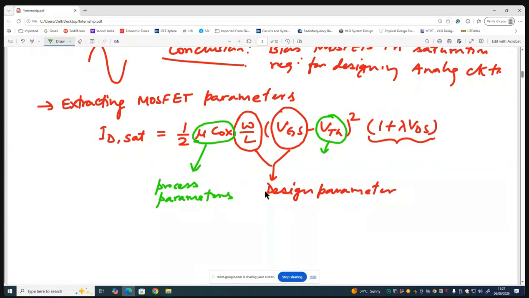So this lambda, of course, is technology dependent, but we can tune it. Which design parameter can I use to tune this lambda, the channel length modulation parameter?